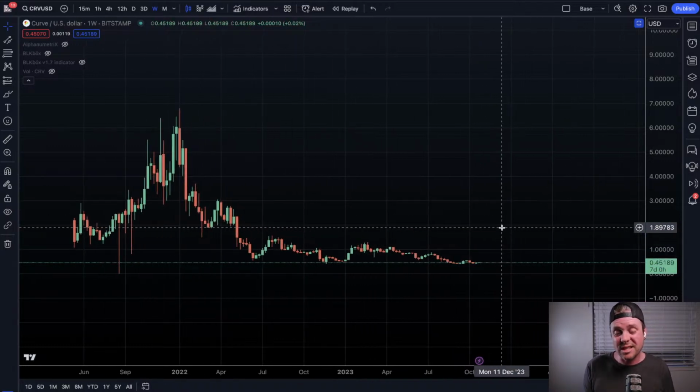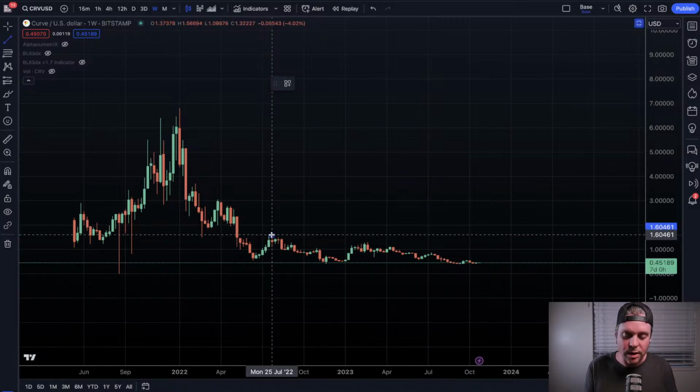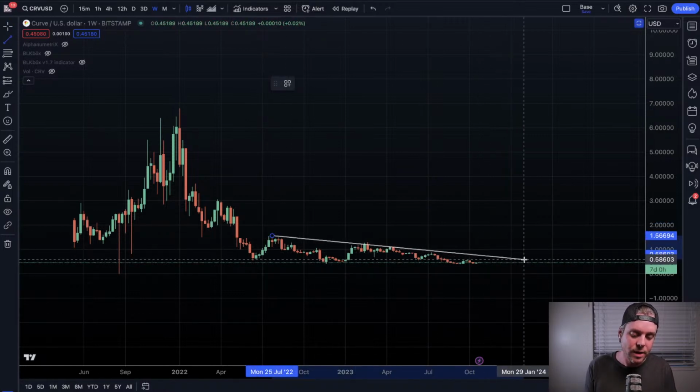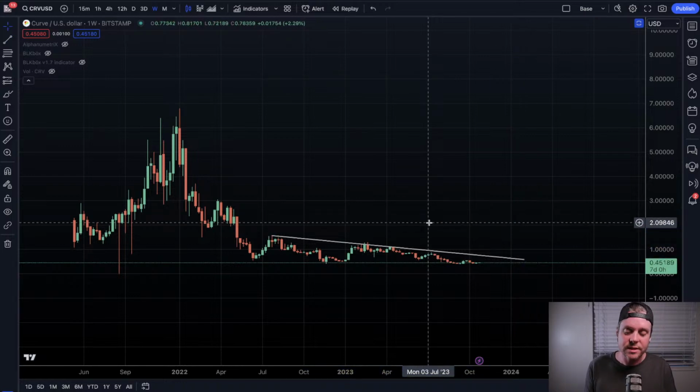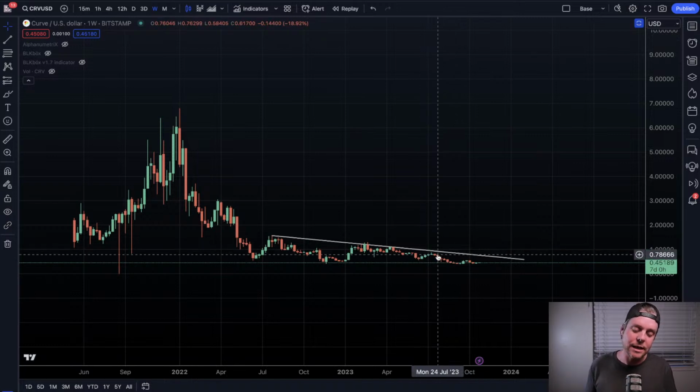And as far as a speculative play, I think that there's going to be other opportunities out there, but who knows? I mean, if we break this resistance, you could take a punt. There's absolutely a trade setup if you can get above this resistance. I just think fundamentally speaking, and I know I've said don't focus too much on the fundamentals, but I think fundamentally speaking, there's going to be better opportunities out there, personally. New cycle, new coins.